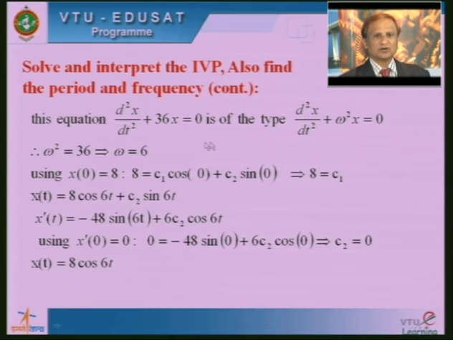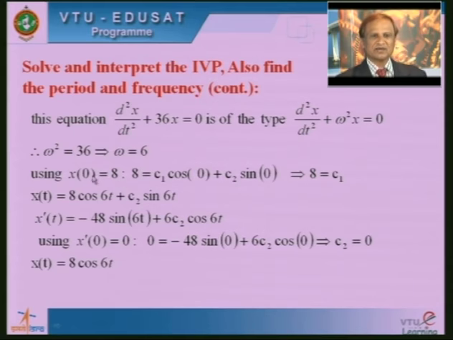I have written the same equation that can be compared with the general equation. Omega square is equal to 36, so I hope you will get omega is equal to 6. Now, I have already written down the solution. I want to use the initial condition x of 0 is equal to 8.